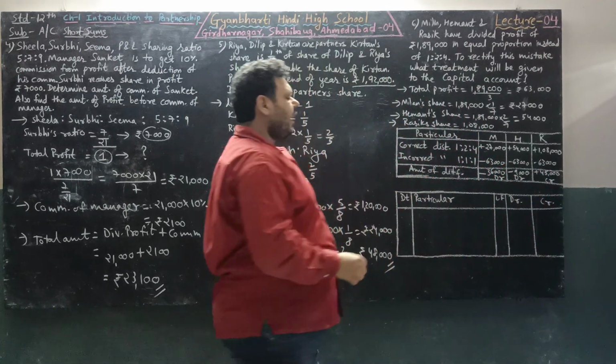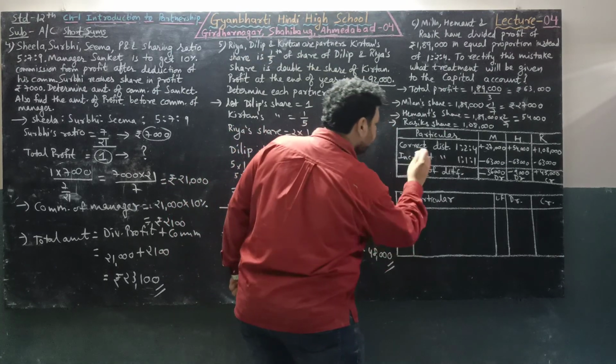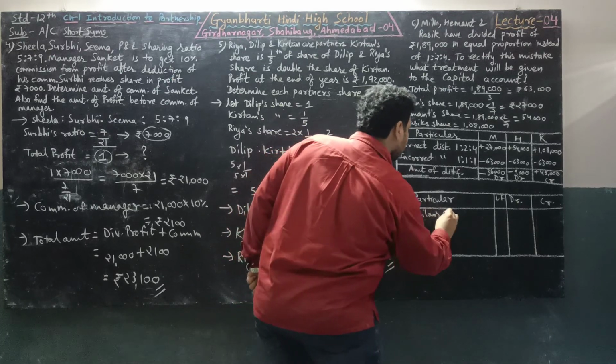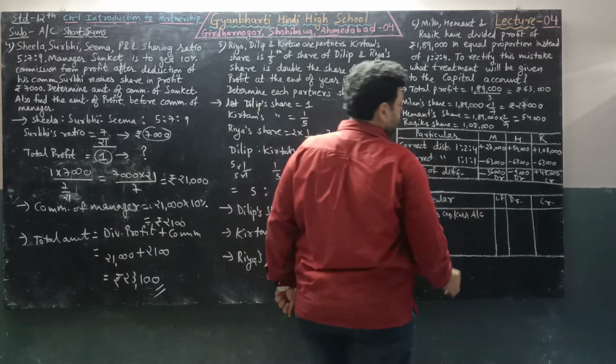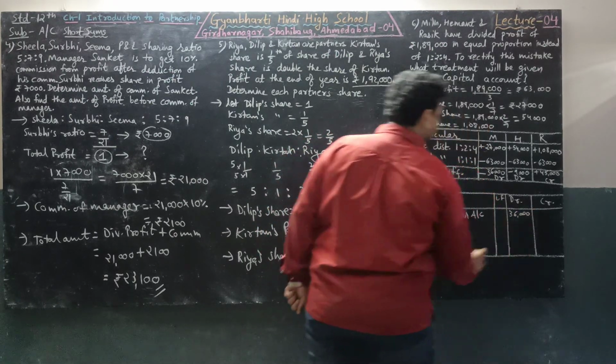So rectification entry, that is journal entry, first is Milan's capital or current account, amount will be 36,000.